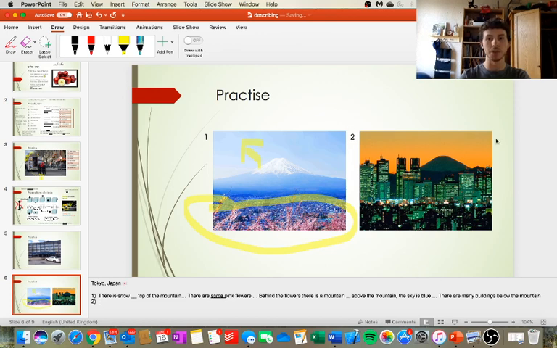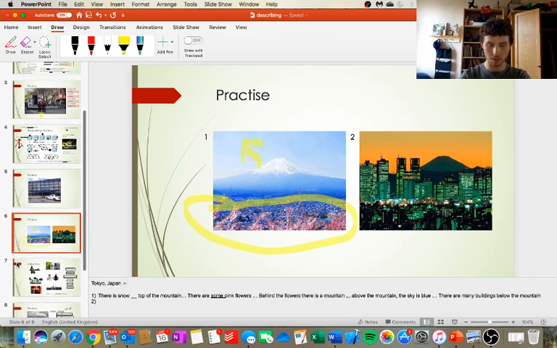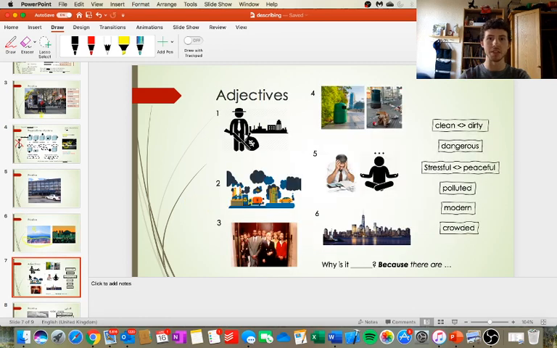Picture 2. Come up with a sentence for picture 2. One more activity. So we have some adjectives. Adjectives. These are describing words.